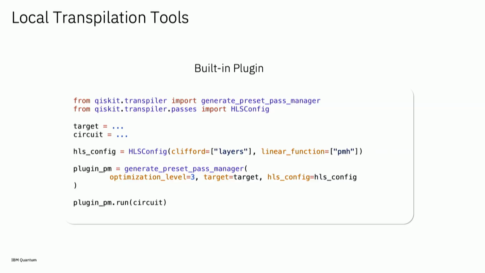I should have added a documentation link here, but I recommend you look up high-level synthesis plugins. That should probably show up. And it will give you a description of what these weird words mean, like PMH, what is this? It's homework. Now, once you have this config, you can give it through the HLSConfig option in the pass manager generation. And then it's already baked into the pipeline, so you just have to run it.